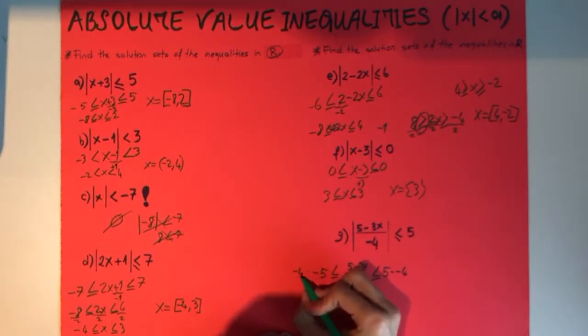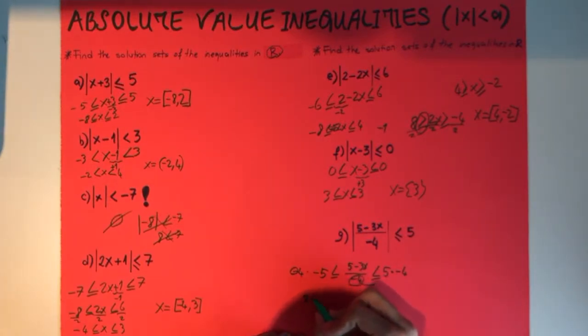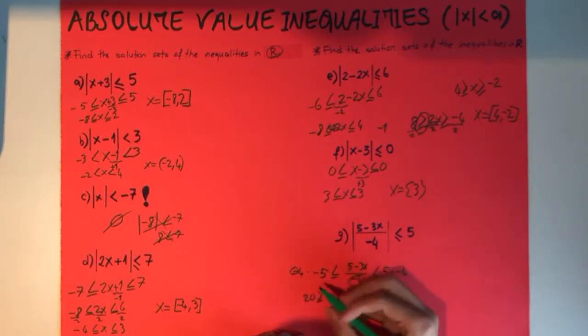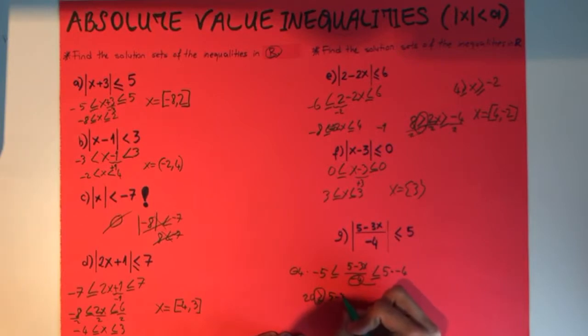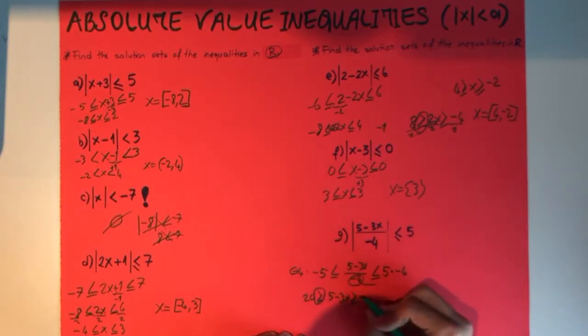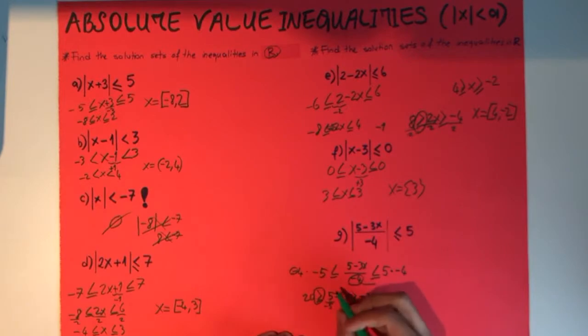And because we have a minus, we must change the signs after doing this. So 20, be careful about the sign, 5 minus 3x, and then minus 20. And then to leave the x alone, we are subtracting 5 from the whole inequality.